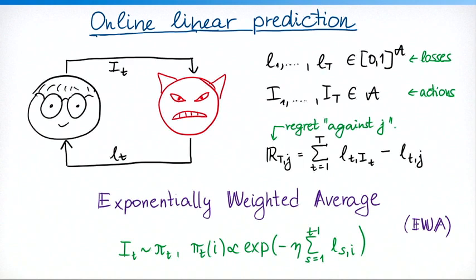And can we even do this? It happens that this is a glorified and crystallized model of an IID world. It's like a generalization of IID, but it's not as hard as you might think, because you need to compete with the best single decision in hindsight, and the adversary doesn't have that much of a lever on you, because how can they make your job really hard to predict what to choose?